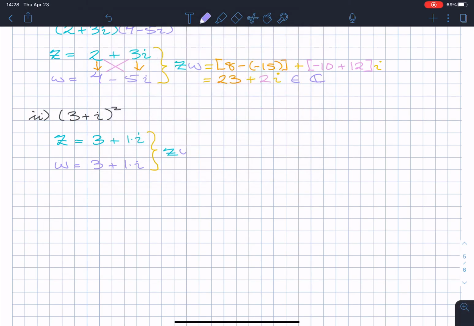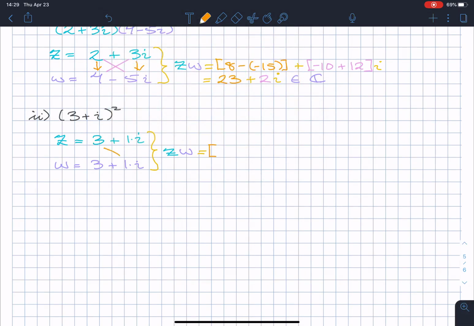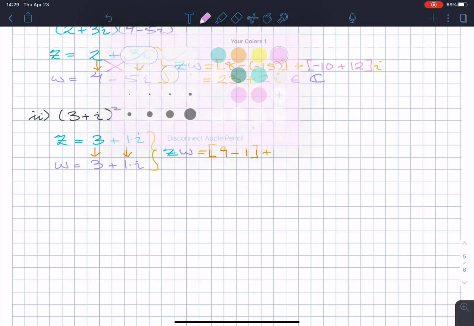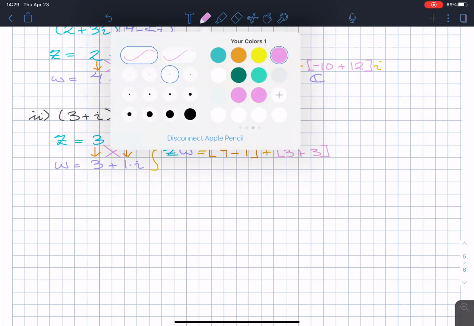So z times w will be equal to the real part, which is, oh, no, it's not, it's 9 minus 1, to which I'm adding the imaginary part, which is going to be 3 plus 3 times i.